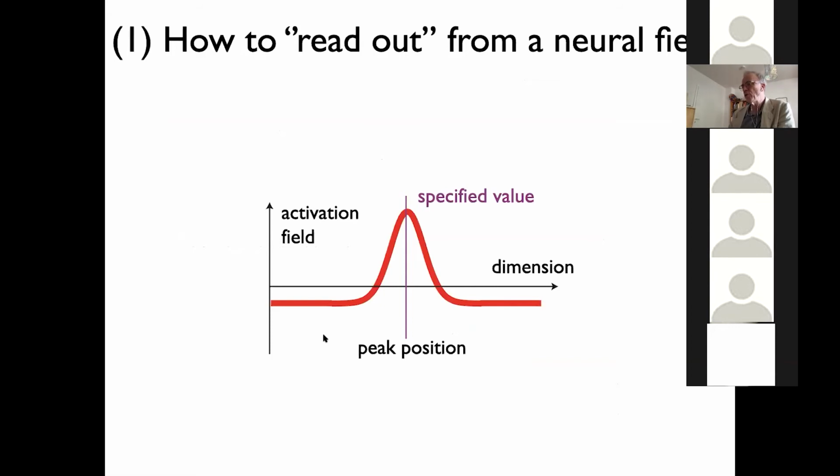It's this idea that if you have a neural population that represents something, so for instance here intuitively you would say the population with a peak over some dimension represents the peak position, in the sense that if you do some kind of average or a winner-take-all, this is the value along the dimension that is the best estimate of what that is about. So how do you compute that?